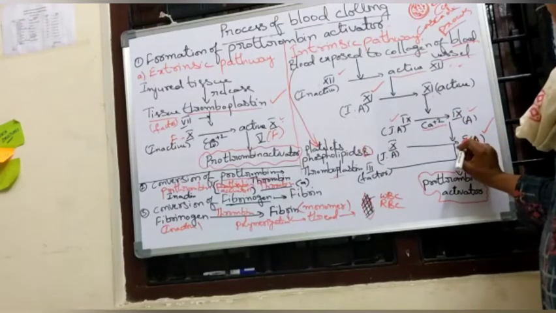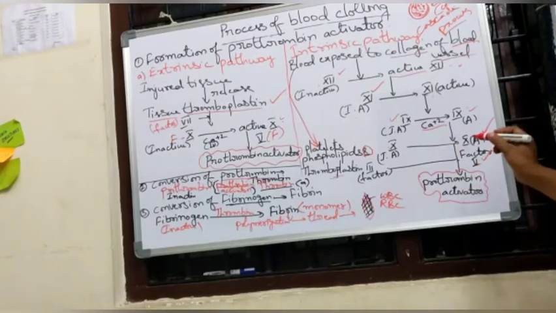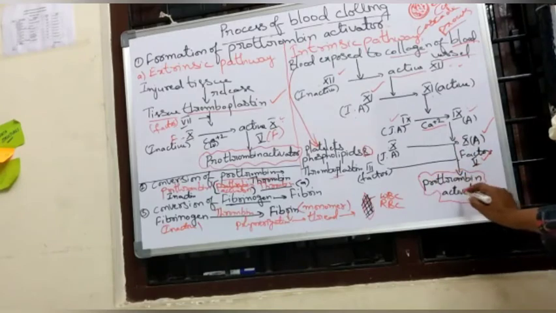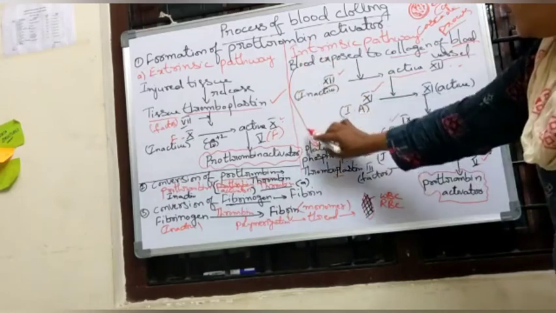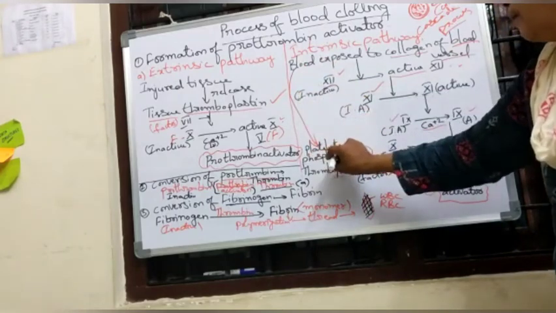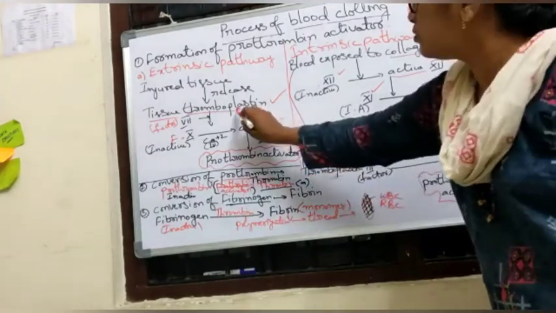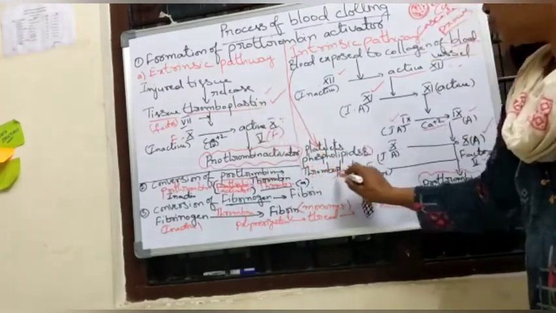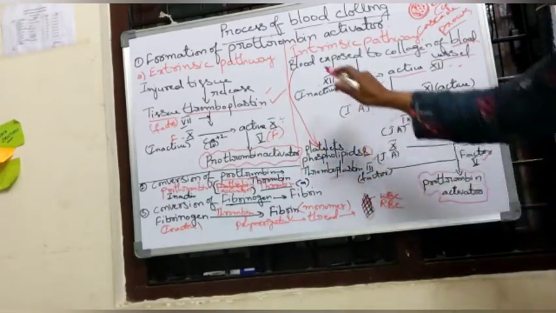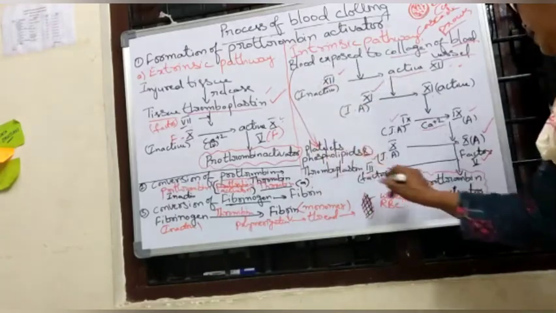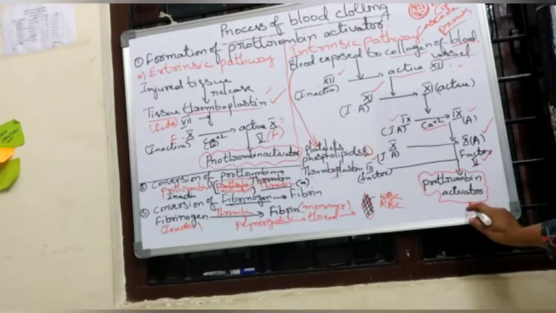Here this active 10th factor, in the presence of the 5th factor, produces the prothrombin activator. For this, when the blood is released, it contains platelets, phospholipids and also thromboplastin. Here also they release thromboplastin, which is the third factor. This and factor 5 make the prothrombin activator.